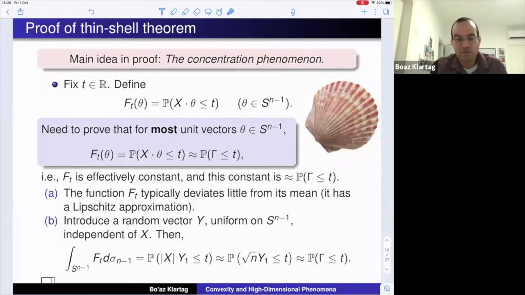And since most of the mass is close to a sphere, you basically work with an approximation to the uniform distribution on the sphere. So the average of the function f is more or less what you get for the sphere of radius root n. And for the sphere, we know that you're going to get what you get for the Gaussian. At least this is the rough idea for the proof of this theorem that goes back to Sudakov in the 70s.